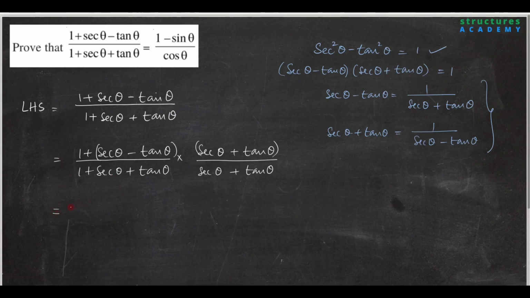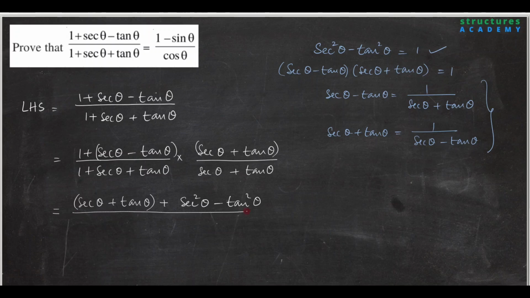So the numerator becomes sec θ + tan θ as a consequence of multiplying 1 with this term, and the second term becomes sec²θ − tan²θ as a consequence of this being multiplied by this. This is (a − b)(a + b), so you get a² − b², and we're going to make this 1.